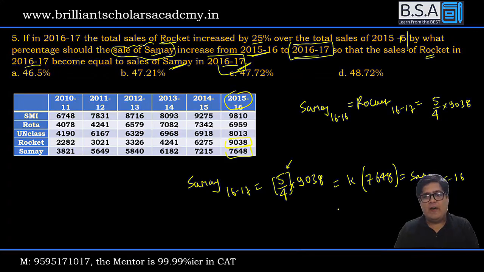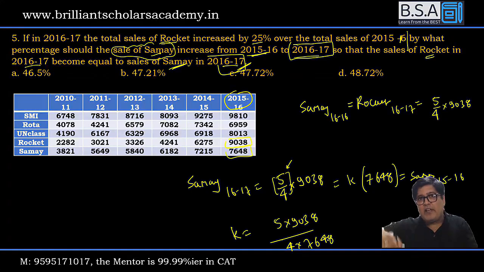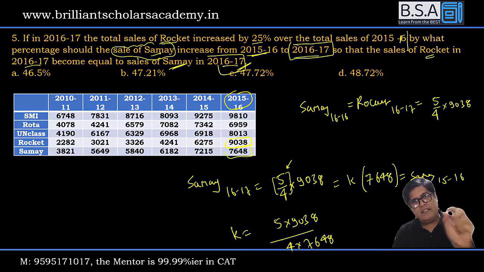Now bring out your calculators. K is equal to 5 into 9038 divided by 4 into 7648. Wait for the last step to perform the calculation. अभी निकालो ना अपना calculator. See, I did not perform the calculation earlier. अब करेंगे. 5 into 9038. ये स्क्रीन पे रहेगा.